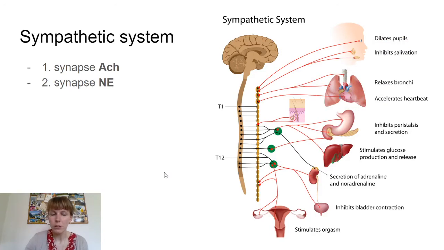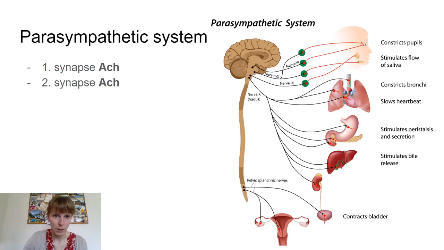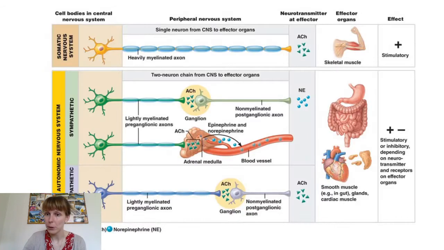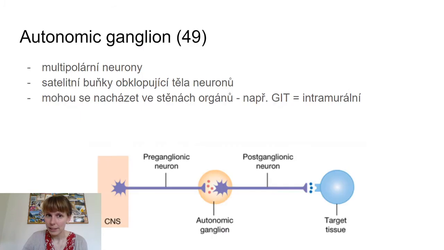We will not get into this. You can take a look, but I think it's more like physiology or anatomy. So sympathetic and parasympathetic nervous systems I will skip, and we don't need that really now. We will take a look at one of these autonomic ganglia, and oh, this is in Czech.